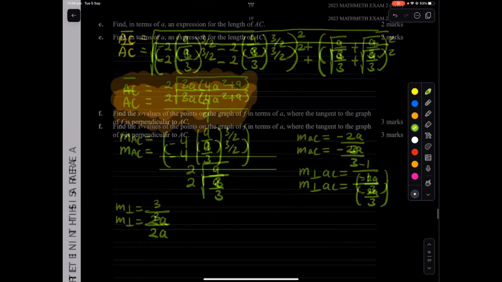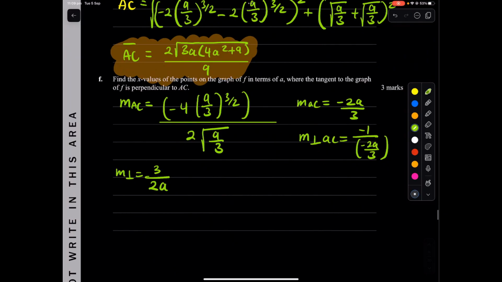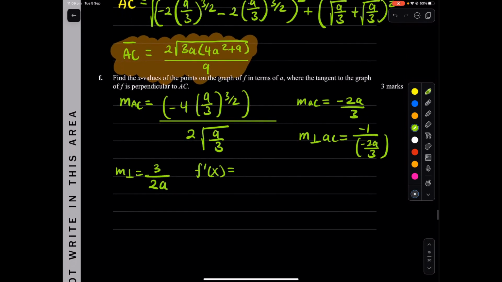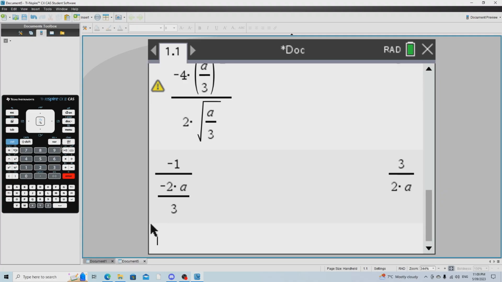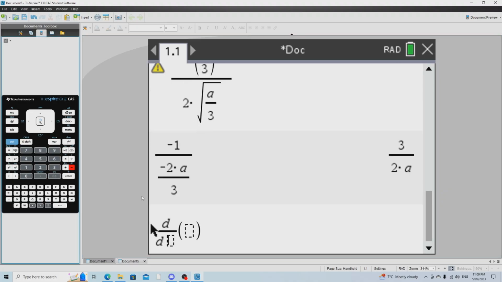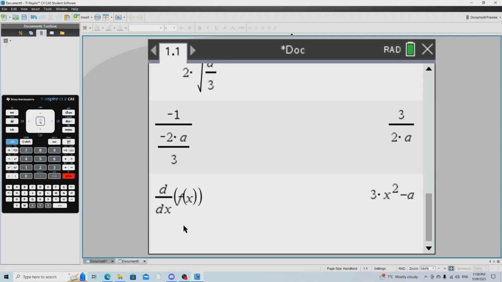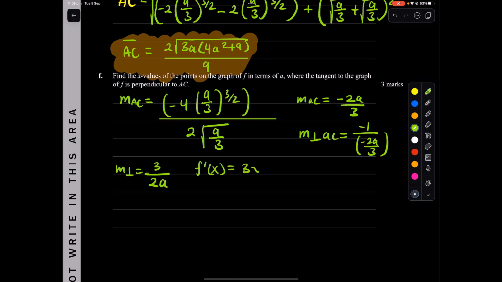And we want to find the derivative, f dash of x. That's easy. If we differentiate, that gives us 3x squared minus a.